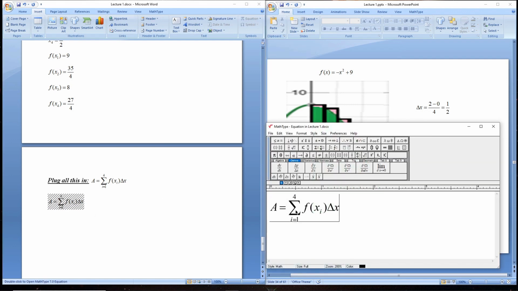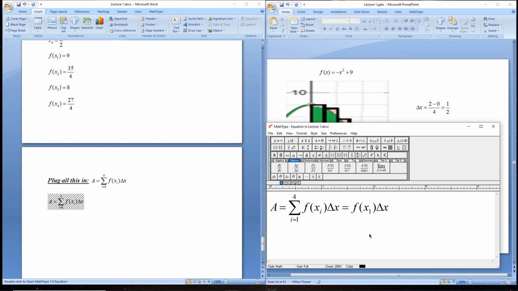So here is our summation. We first start with index 1. So i equals 1. So we're going to have f of x sub 1 times delta x.